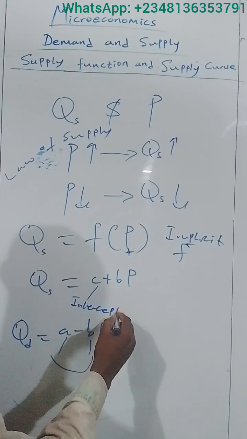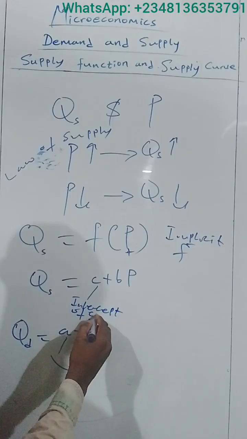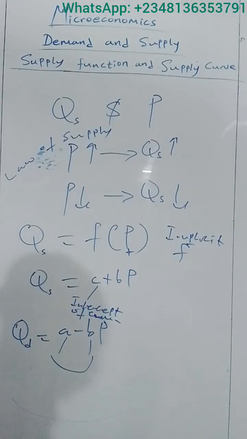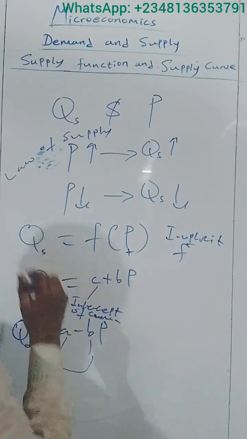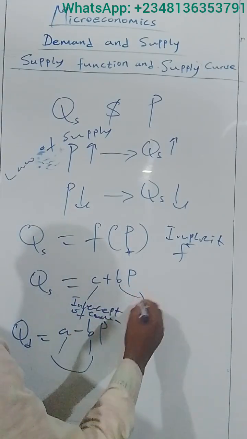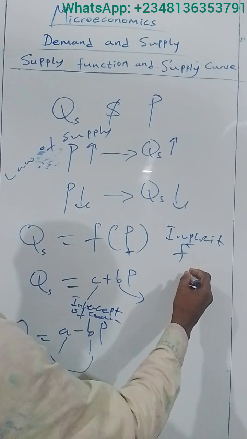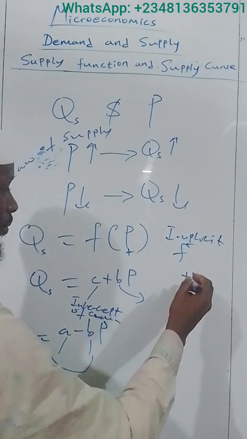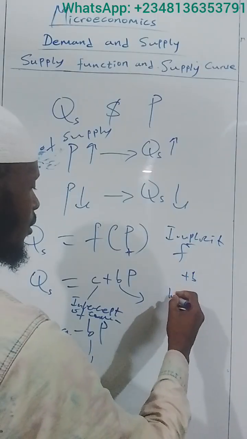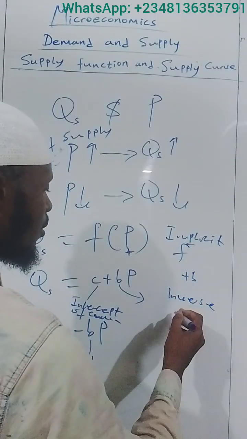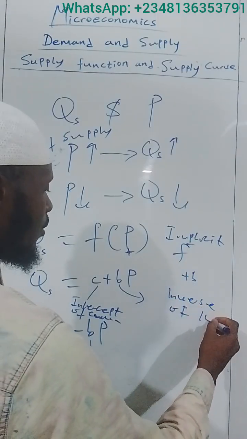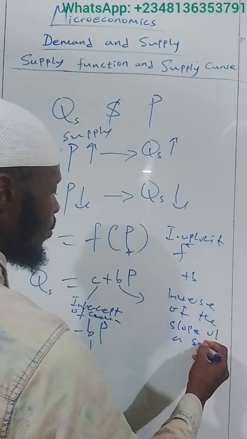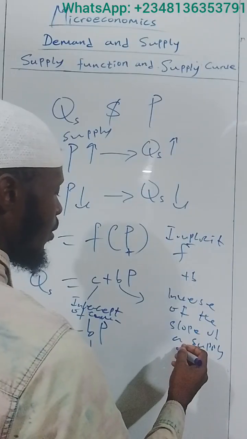Likewise, this b here, you can see b or plus b, as the case may be, represents the inverse of the slope of the supply curve.